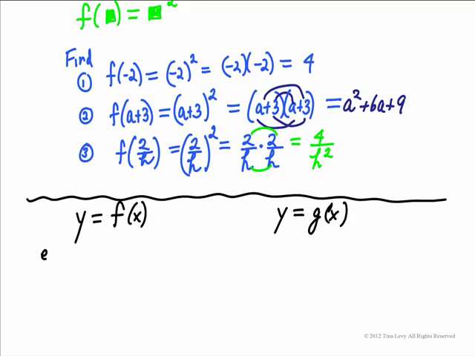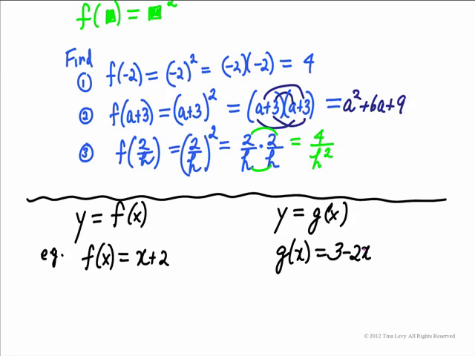So as an example, we might say one function, f of x, is x plus 2, and g of x is 3 minus 2x. So we've got two different functions. And one of the things we can do with these functions is we can add them together, subtract them, multiply them, and divide them.